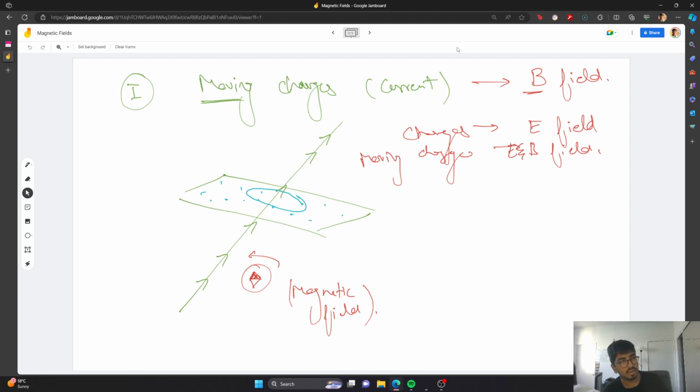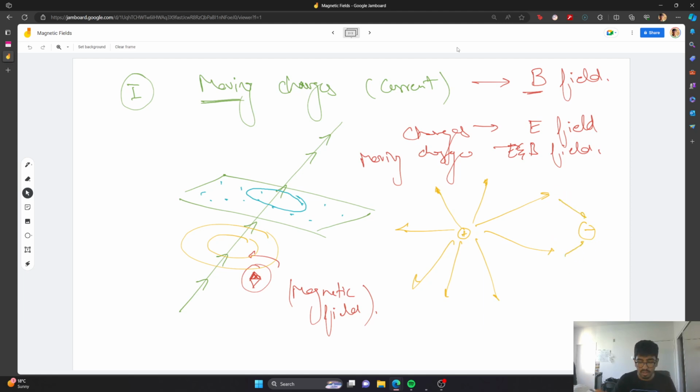Okay. So then we want to say certain things like how does this field look? So, first thing is it looks like circles, right? So that is different from how it looks from a positive charge, which is the E field. E field looks like it goes out in spokes, right? And if there's a minus charge here, then it goes back down into this, like it goes inside the negative charge.